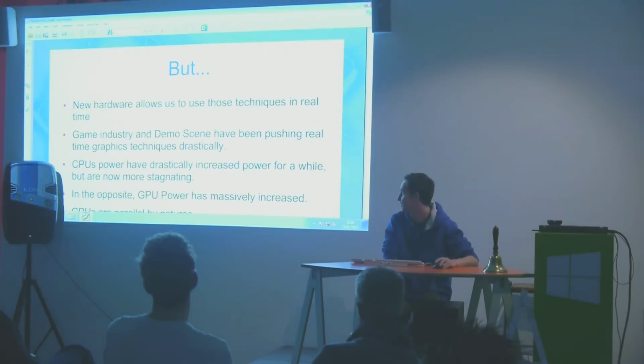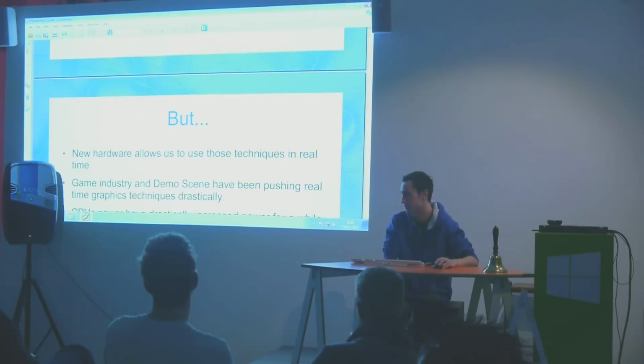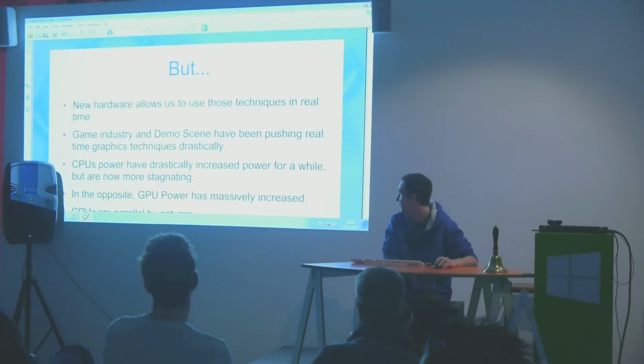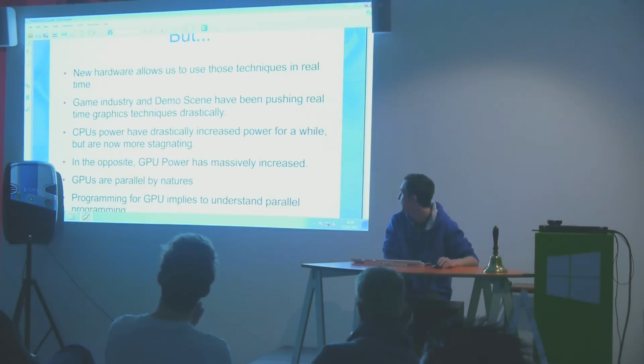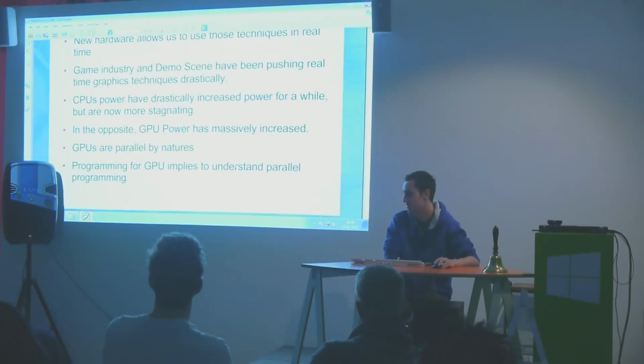But of course, with all these techniques from before, it was really hard to do them in real time. But 10-15 years ago, processor power increased a lot, so we started to be able to do these kinds of things in real time. But for a few years, they are more like stagnating. Processor speed doesn't improve that much compared to how it used to be. But on the opposite, graphics card power is massively increasing. You have more cores.